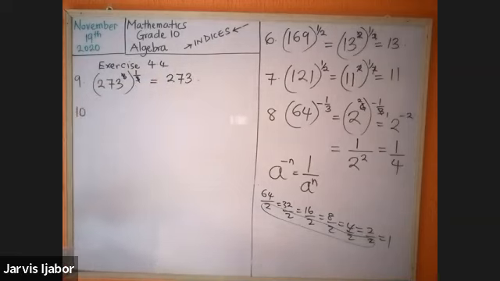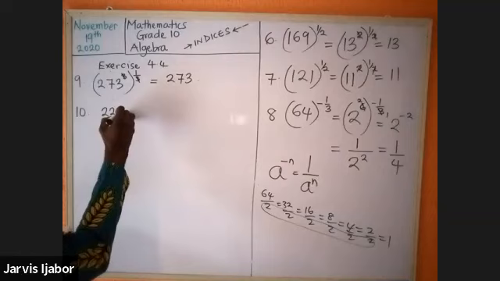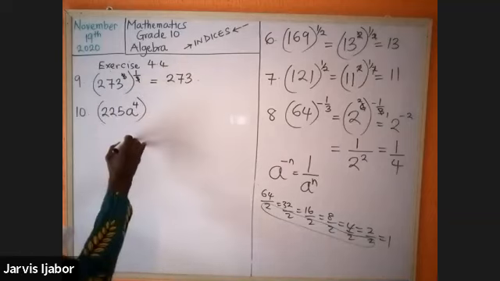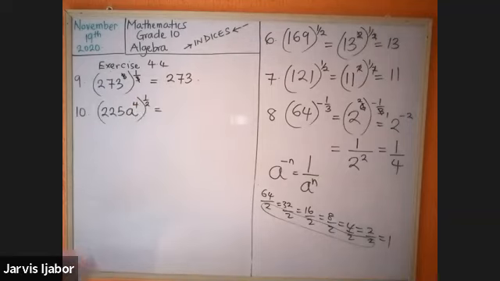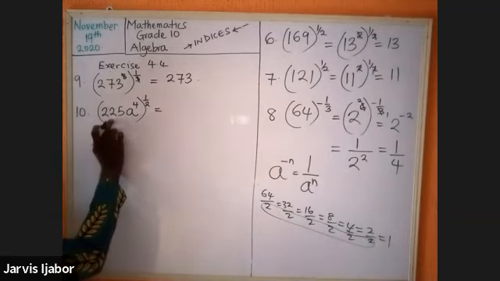Question 10. In question 10, you have 225a raised to the power of 4, or raised to the power of 1/2. Now, in this setup, what is the square root? What 2 numbers will I multiply to get 225?